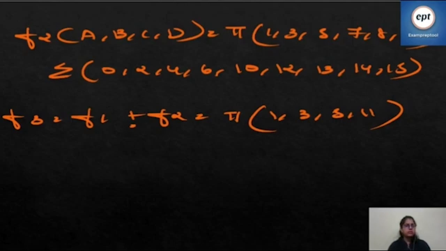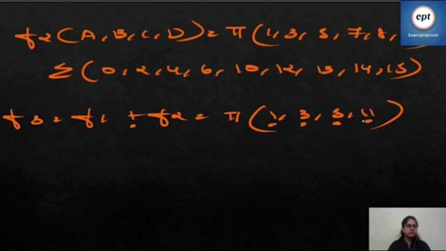So what are the common terms in f1 and f2? 1 is common, that's why here it is 1. 3 is common, so here it is 3. 5 is common, so here it is 5. 7 is not common, 8 is not common, 15 is not common, so we haven't considered these. 11 is common, so 11 we have taken out.